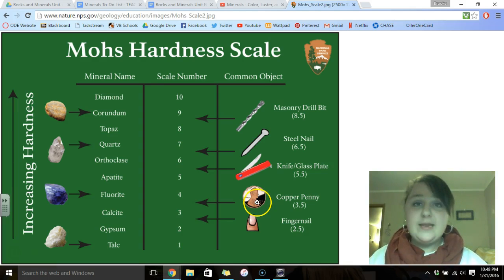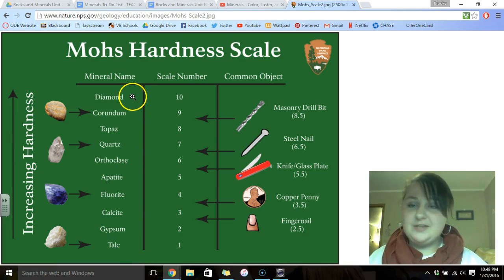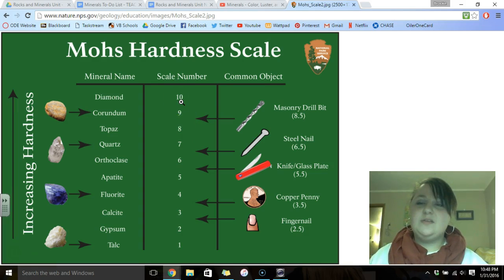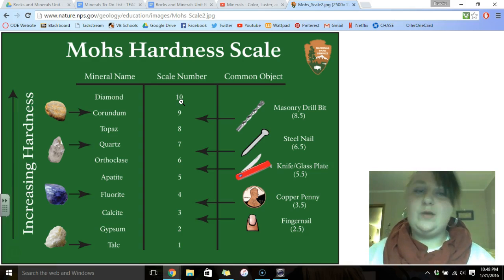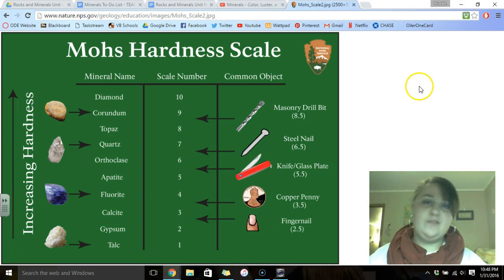A copper penny can scratch calcite, gypsum, and talc, but not anything up here. And then up here, a masonry drill bit, it can scratch all of these down here, but it can't scratch 9 or 10 levels. So that kind of gives you a better idea of what can be scratched and what can't scratch. Diamond is really hard. Diamond can scratch all of this stuff.